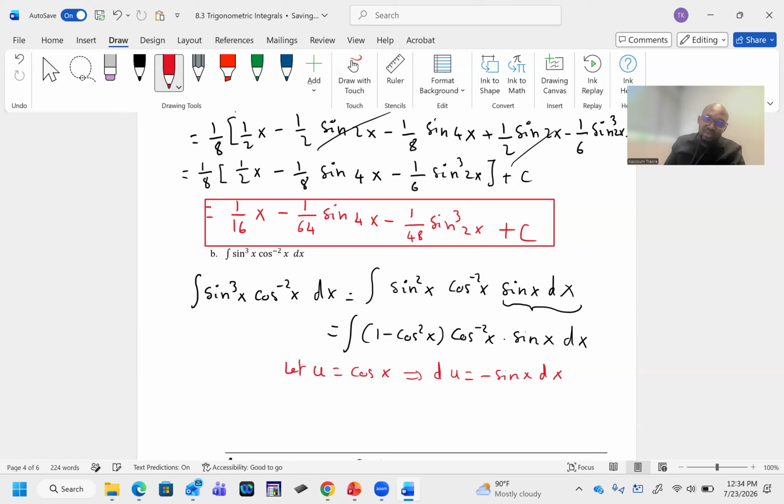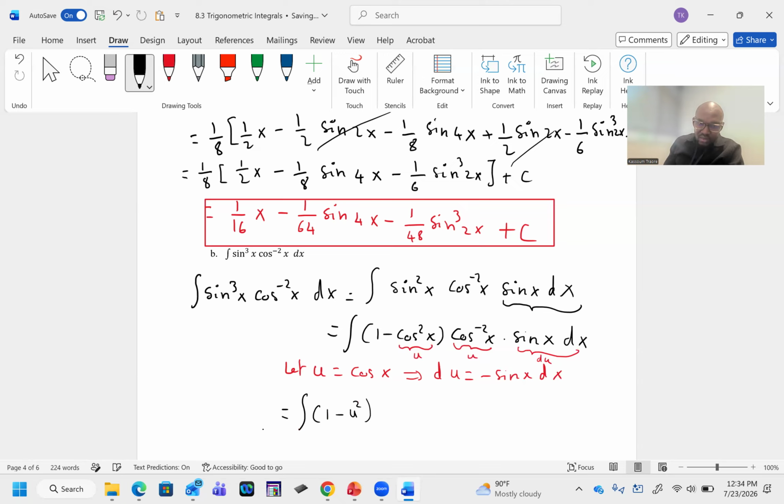So if I substitute my u and du, this is what the integral will become: the integral of 1 minus u square times u to the power of -2 du.